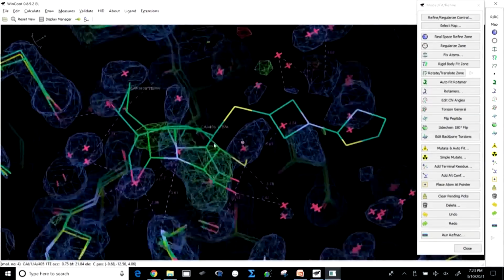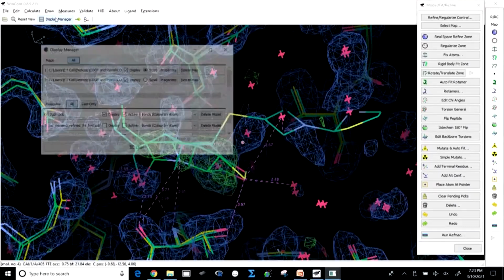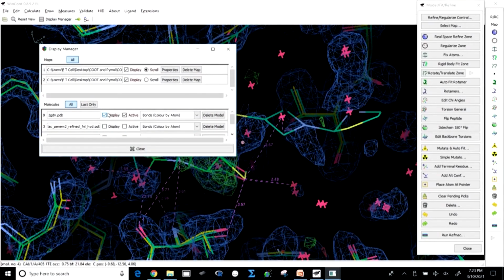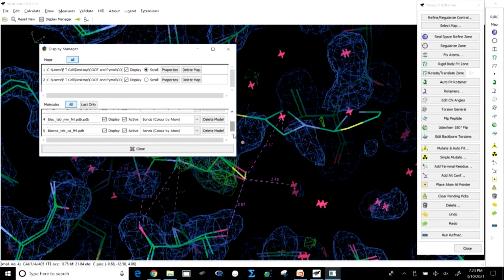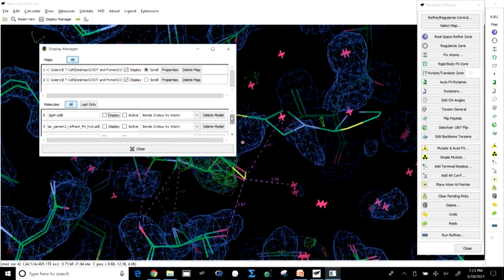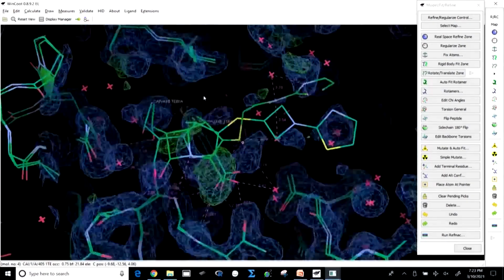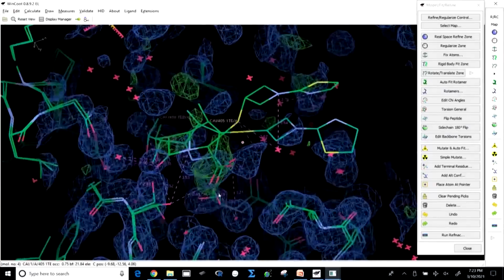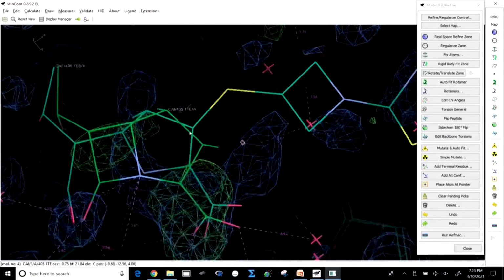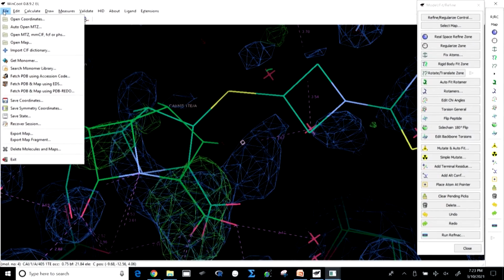Now you will understand what I talked about. If we go to the display manager and we put both of them out of the system, we only have the 2 tebipenems. You could clearly see that.